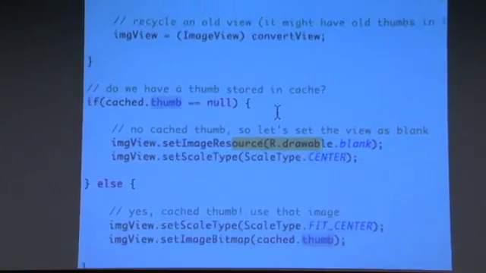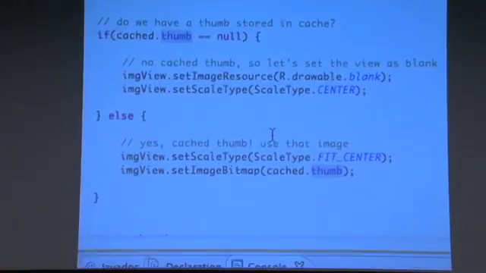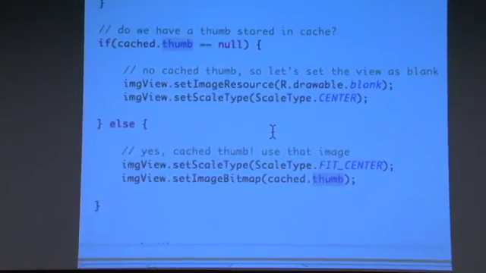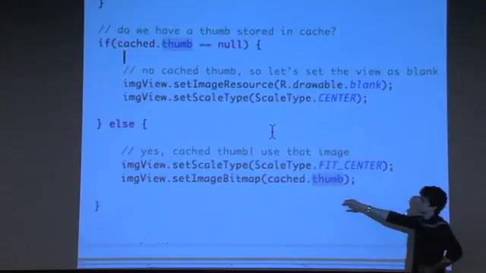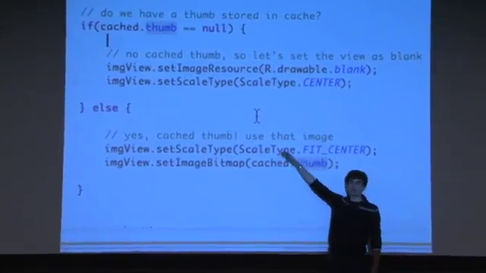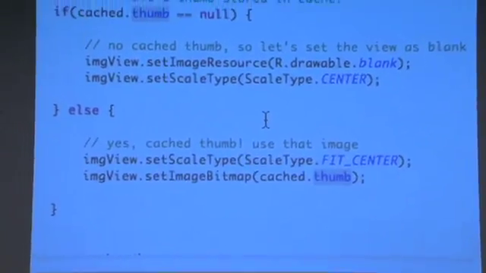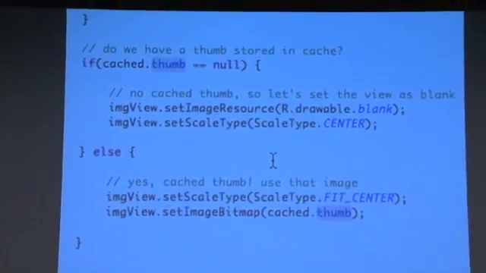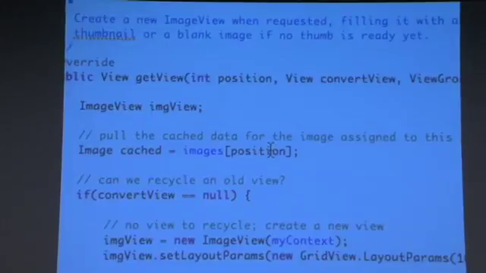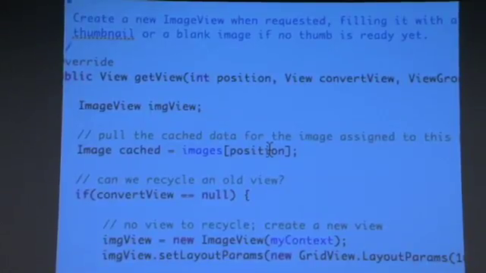Only when we have a thumbnail will we insert that downloaded and processed thumbnail as the image bitmap for that image view. This is in the setView method of the image adapter. If you have questions about that, look again at Intents08, because we implemented this specific method within that project as well.